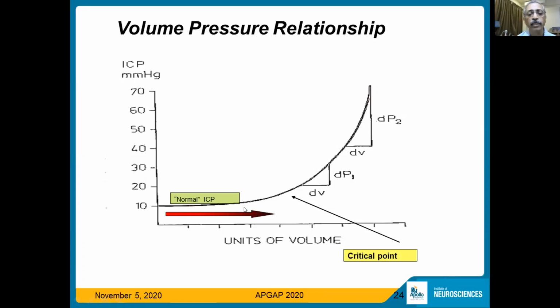So why do we keep telling about use of drugs that don't increase the hemodynamic responses? Because autoregulation may be impaired, and whenever there is a sudden increase in the pressures, there can be a sudden increase in the cerebral blood flow and cerebral blood volume, which can push the patient from this point to this point, which means there is a significant increase in the ICP.